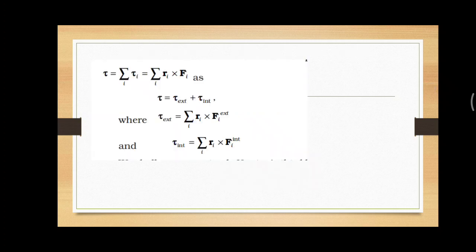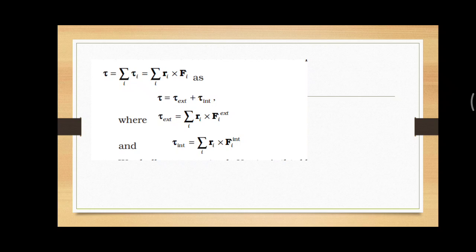So tau can be written as Ri cross Fi, where Fi is the force exerted upon a random ith particle. The i can be any one of the particles from 1 to n.